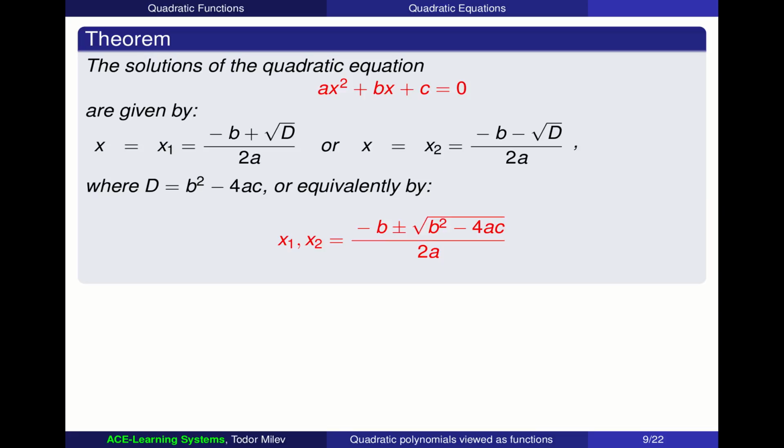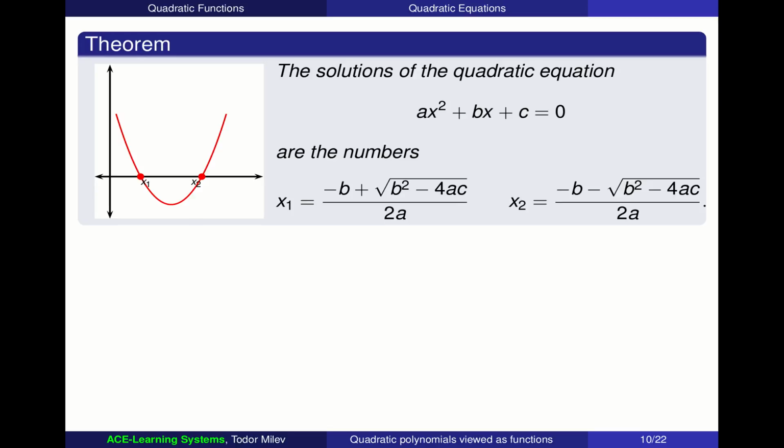You will be using this formula a lot in the remainder of this session. So we have just illustrated our formula for the solution of the quadratic equation. I want to now discuss the geometric interpretations of these solutions.